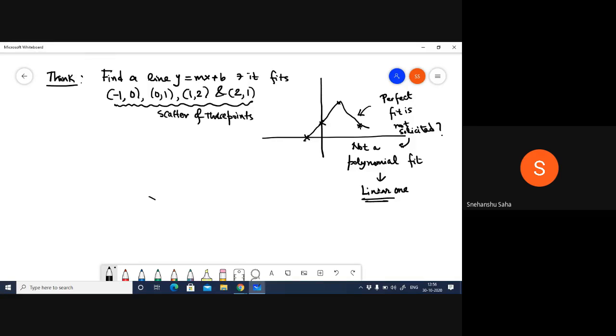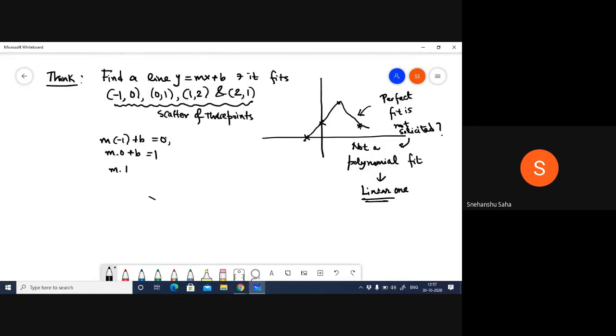So how do we solve this problem using least squares? Okay. What I can do is just plug in these values, right? And if I do that, I have m times -1 plus b equal to 0. And then I have m times 0 plus b equal to 1.